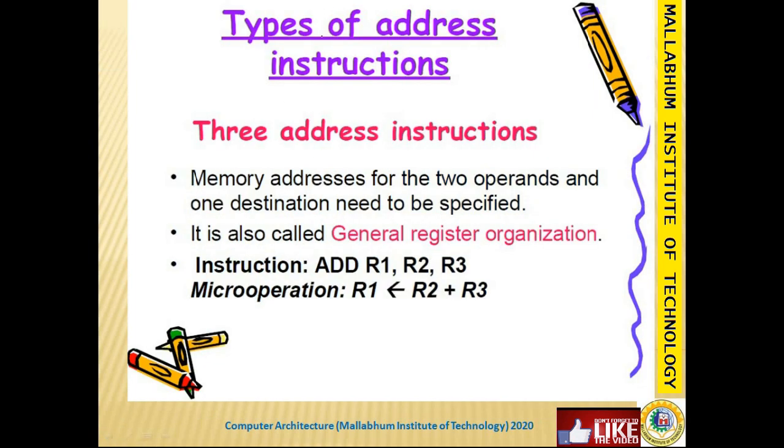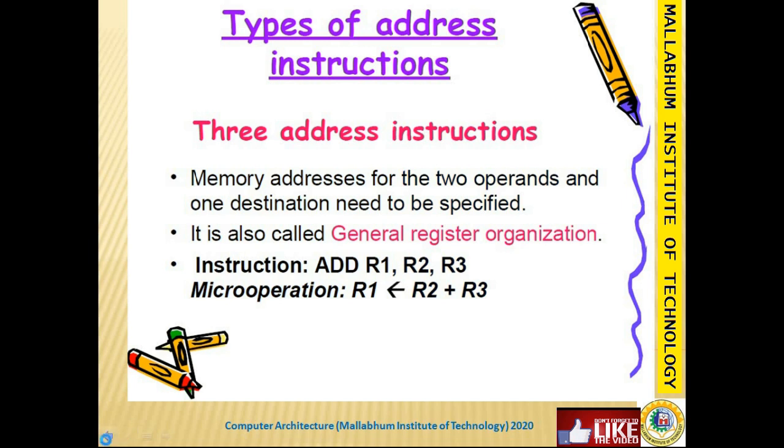Next, the types of address instructions. There are different types of instructions available. We have divided the instructions according to their length. The instruction length basically depends on the number of address fields used in it.